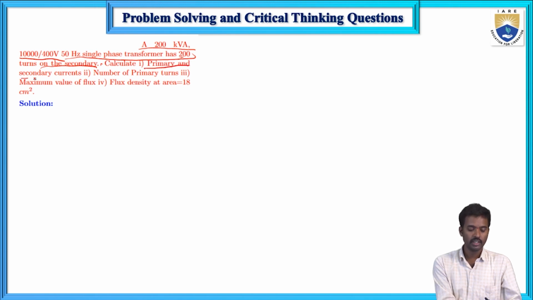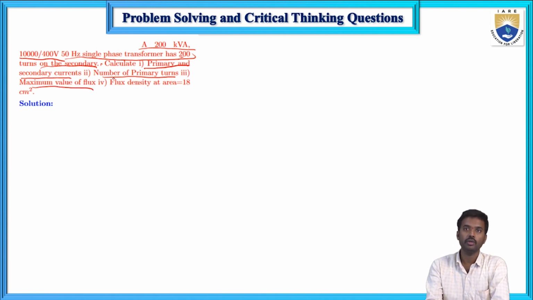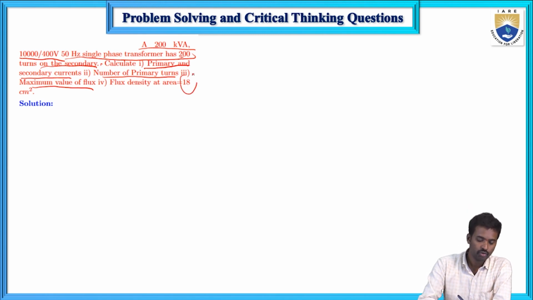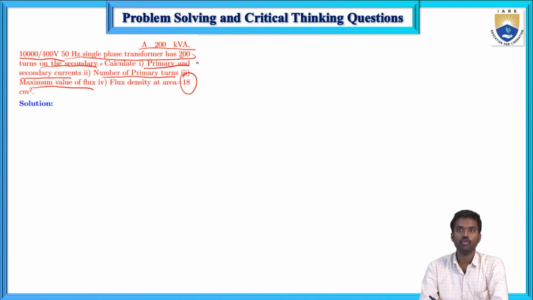Determine the primary and secondary winding currents, the primary winding turns, the maximum value of flux in the magnetic core, and the flux density, where the area is 18 centimeters square. So how will we calculate this? Same procedure.